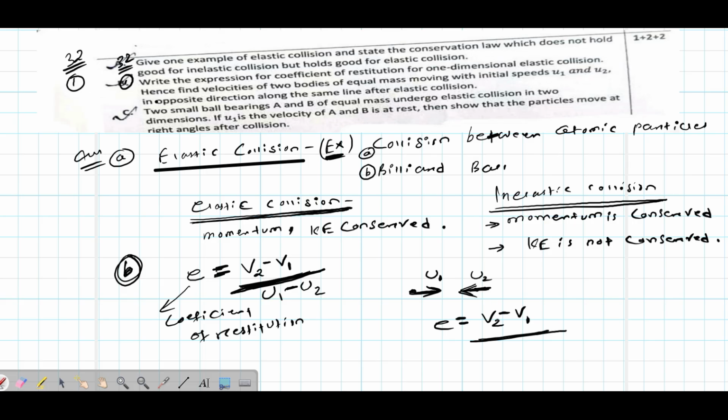If both bodies move in opposite directions, u2 is represented as minus u2, so u1 minus of minus u2 is u1 plus u2. The formula is (v2 minus v1) divided by (u1 plus u2). That is the formula for restitution.